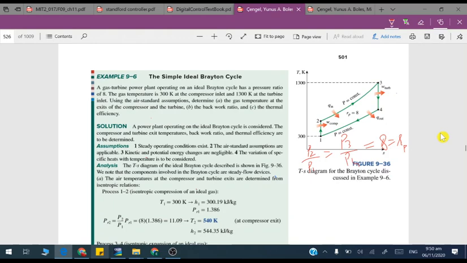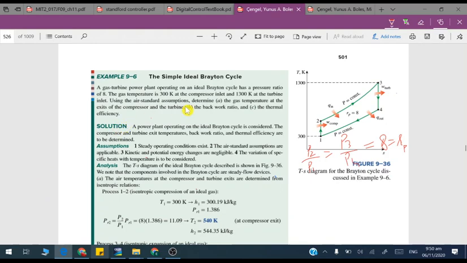The gas temperature is 300 Kelvin at the compressor inlet, because this is the compressor inlet, at this point. And at the inlet of the turbine, this one, the temperature is 1300 Kelvin. So this is 300 Kelvin, and this is 1300 Kelvin.